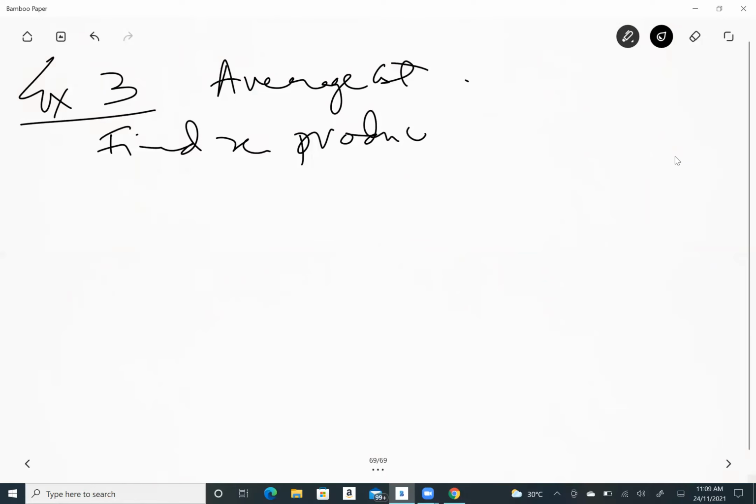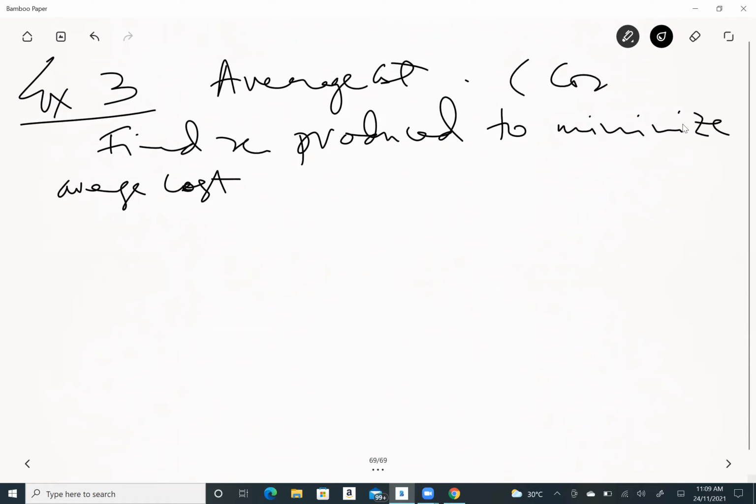Now for cost, it's produced, for revenue, you sell. x produced to minimize average cost. Sometimes we just minimize cost. But in this example, they want us to minimize average cost. So that is the thing that you need to do.